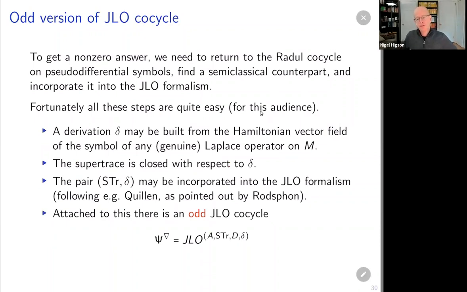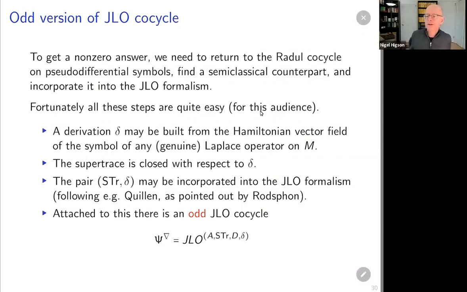Apart from the supertrace, there is also an outer derivation on our bimodule and on the algebra curly C, which is an analog of the derivation that you see in the definition of the radial cocycle. I don't think I wrote down what it is. Oh, I did write down what it is in the first point. You take the symbol of an actual Laplace operator on M made using a Riemannian metric.